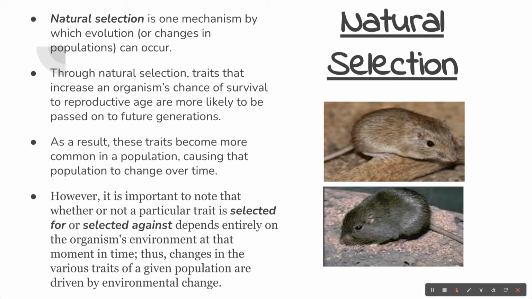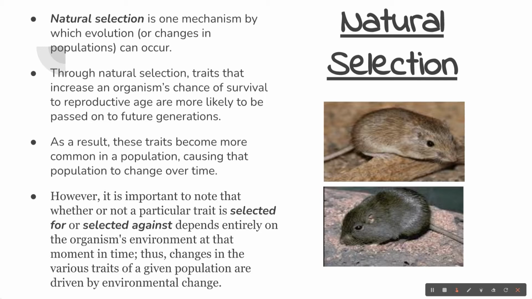Okay, that's mutations. Now we're going back to natural selection, but it fits here better than it did up there. It's the one mechanism by which evolution can occur, so changes in the population. Through natural selection, traits that increase an organism's chance of survival to reproductive age are more likely to pass on to future generations.